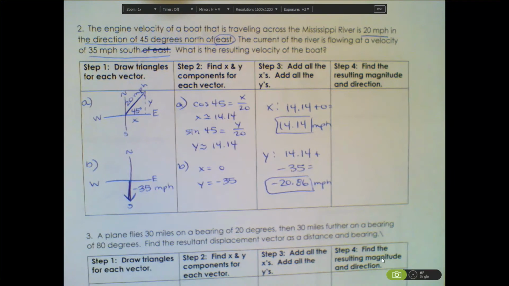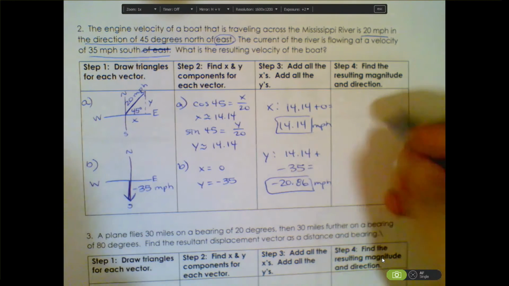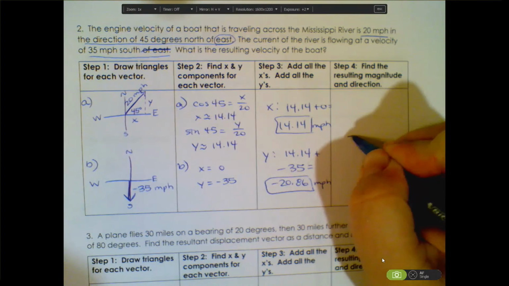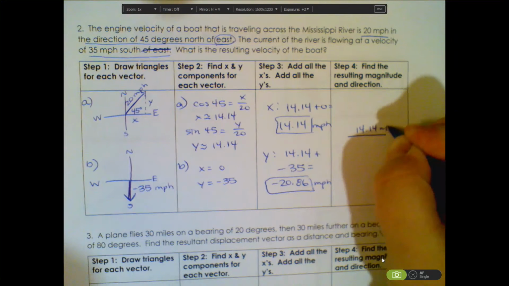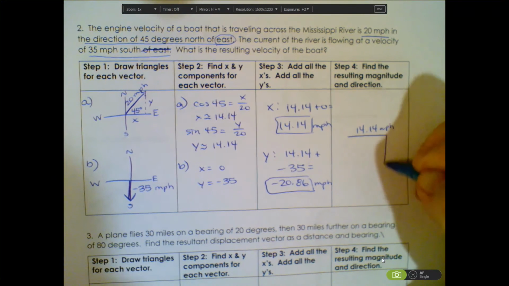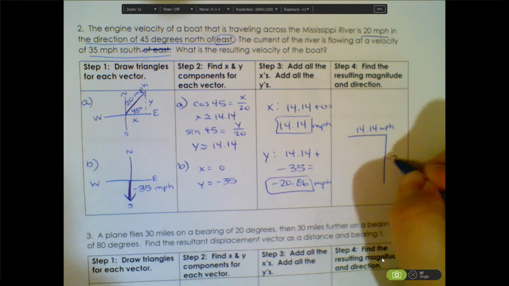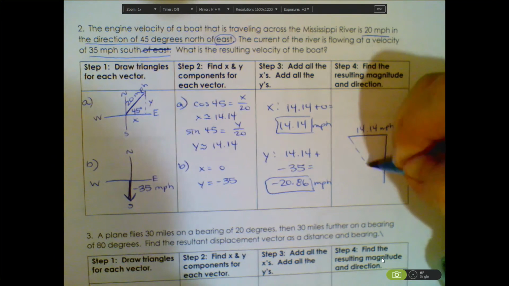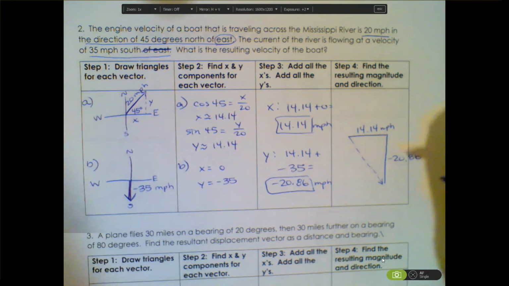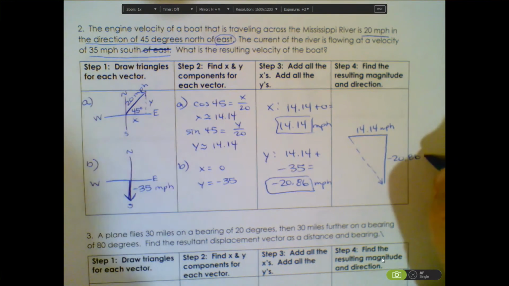Okay, find the resulting magnitude and direction. So the x direction, we're going 14.14 miles per hour. Then we're going down, negative 20.86. So I'm looking at this as my result, and obviously this is not drawn to scale.